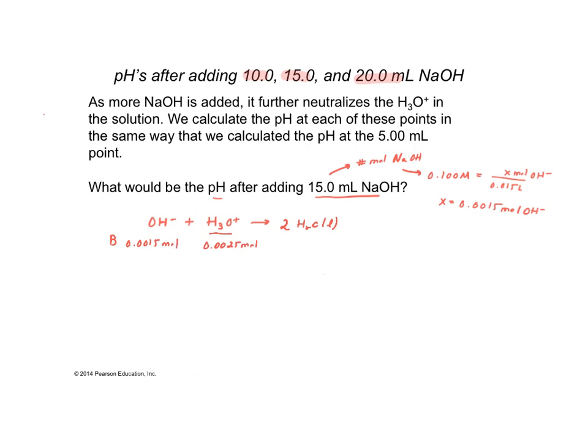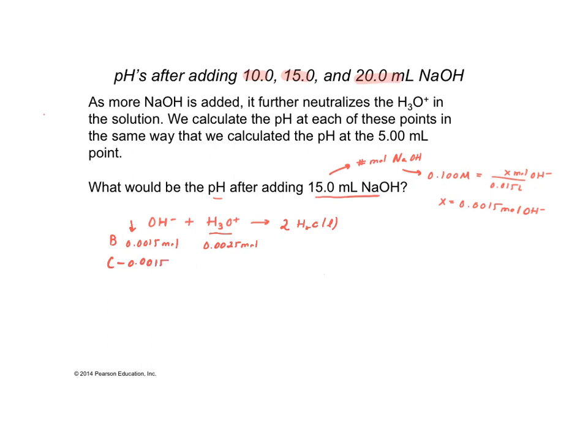Again, the change is determined by who is the limiting reagent. Who are we going to run out of in this reaction? For this one, it again is the sodium hydroxide. This 0.0015 is less than the 0.0025, so we're going to completely run out of that one.